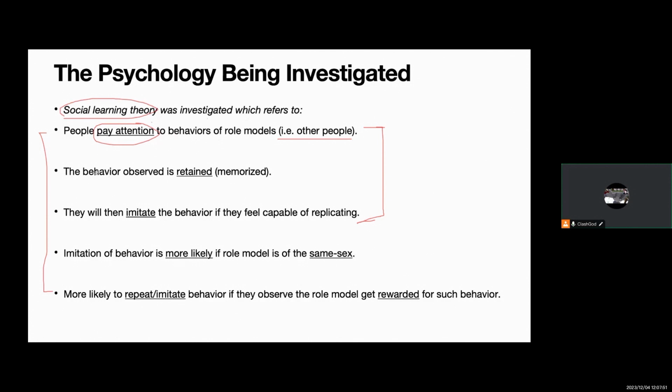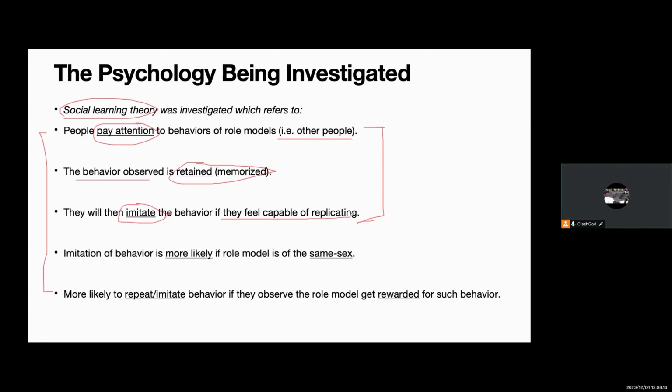And the behavior observed is retained, is memorized. You pay attention to behavior and you memorize those types of behavior. That's the second stage of social learning. And the third stage is that you will imitate the behavior. Of course, it's imitation, but only if they feel capable of replicating. For example, if Michael Jordan goes for a dunk from the free throw line, the average person is not going to be able to jump from the free throw line and dunk.